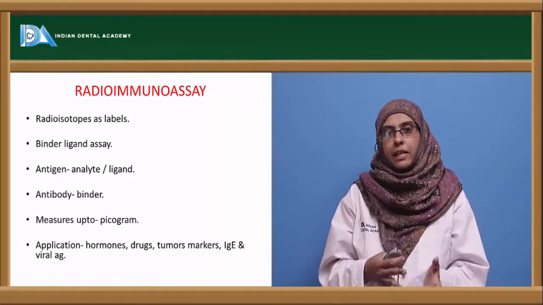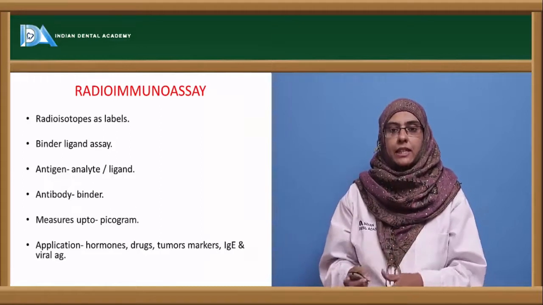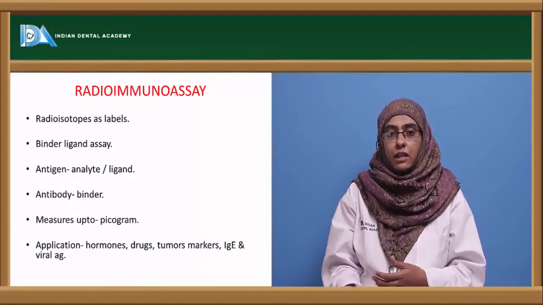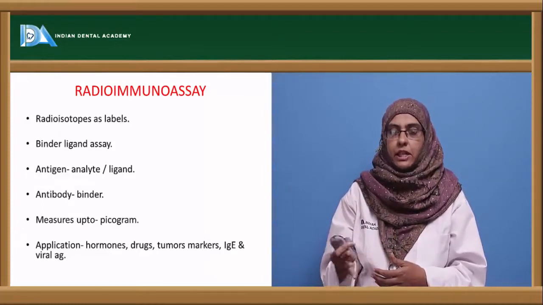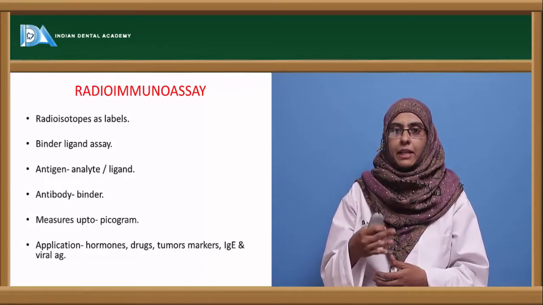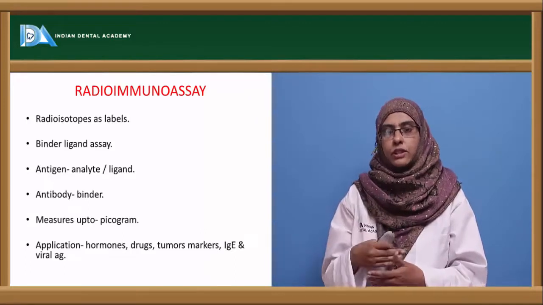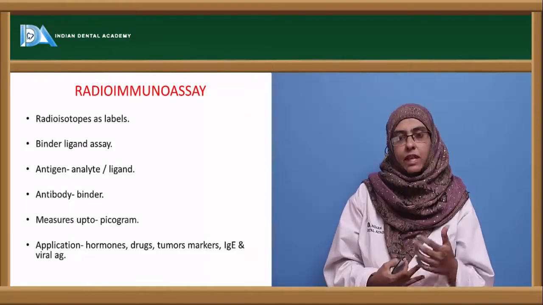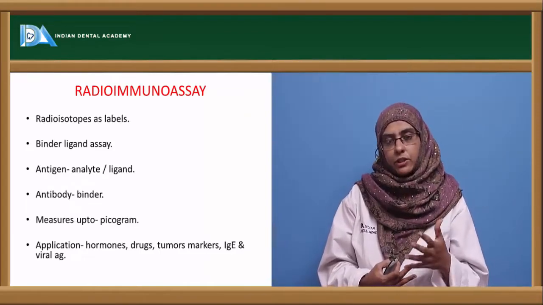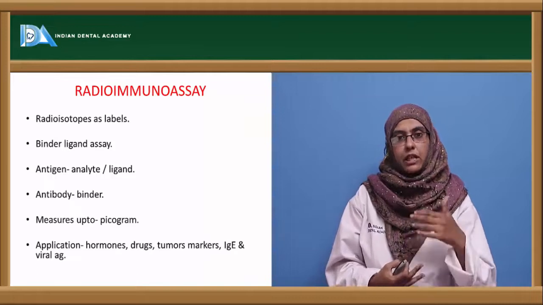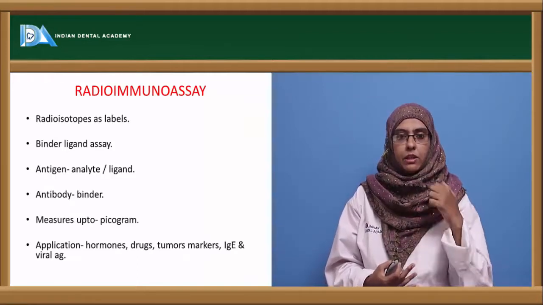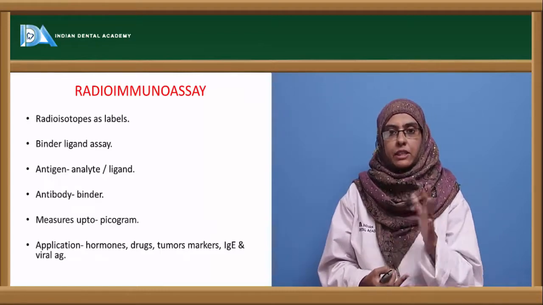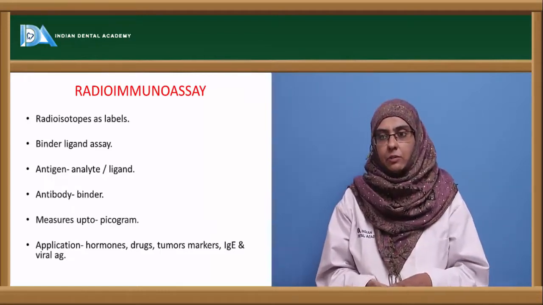So it is based on a binder ligand assay where the ligand is an antigen and the binder is an antibody which goes and interacts with the antigen, and to this binder we usually conjugate the radioactive isotopes. When there is a positive interaction between antigen and antibody, it is radiographed, and depending upon the intensity of the radioactivity that is produced, we can identify whether there is an interaction between antigen and antibody or not.